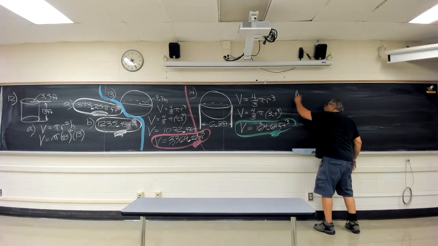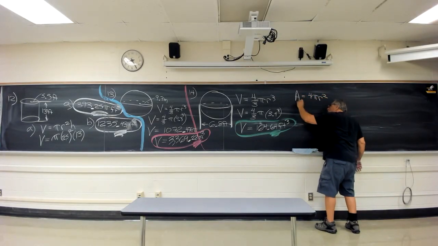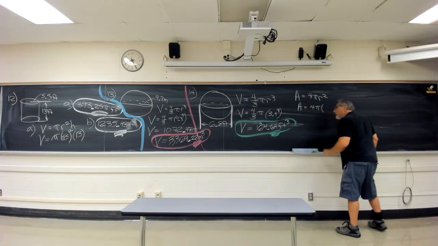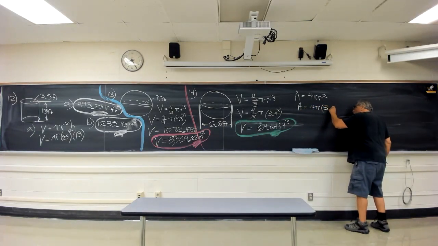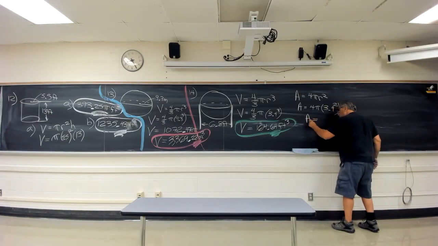As far as area is concerned, it's 4 pi r squared. It's 4 times pi times 3.4 squared. Let's grind that out.